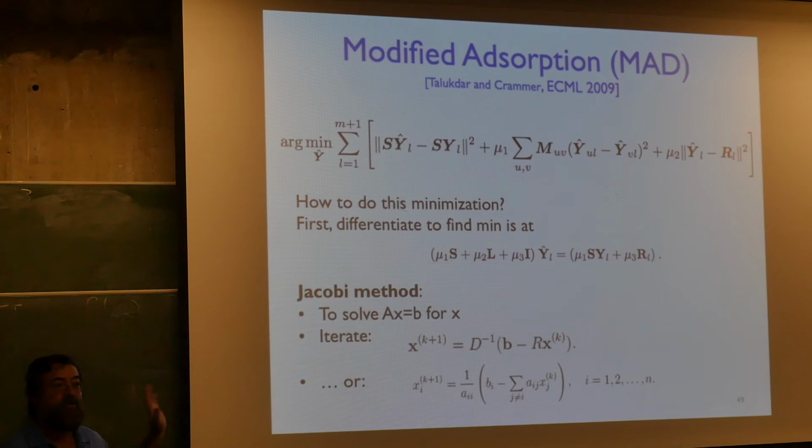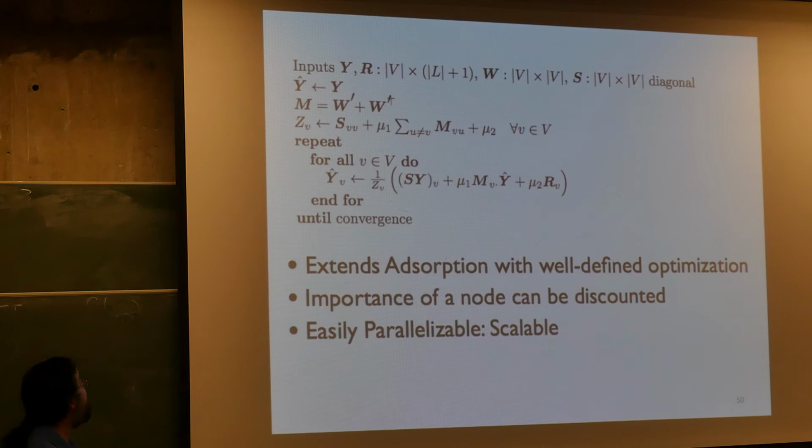You can do this using an iterative parallel graph algorithm, so you can turn it into a MapReduce process. Partha talks about how to do that using something called the Jacobi method, which is fairly general. The details aren't all that important. What's important is that you can do this in parallel if you want to.